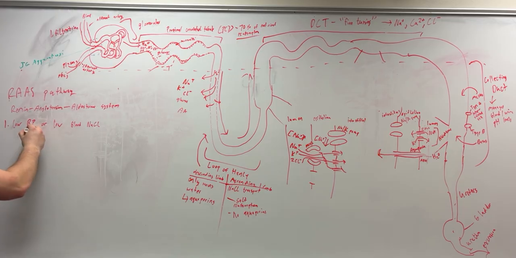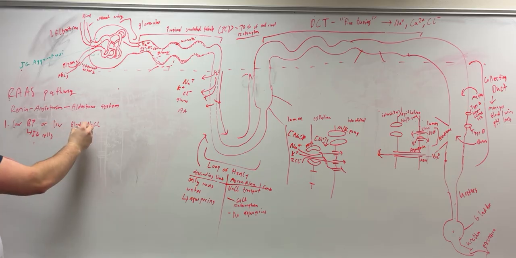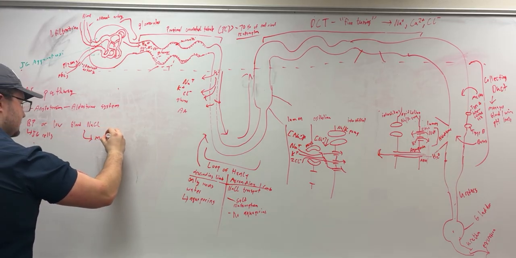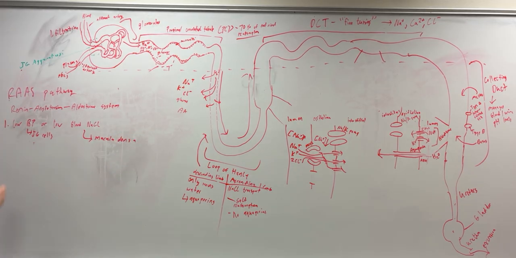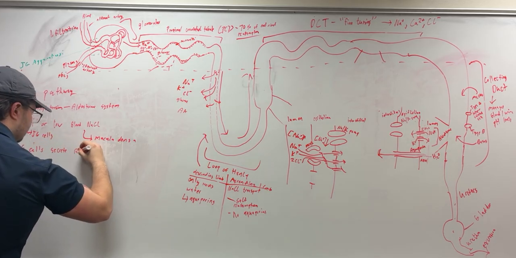And remember, this low blood pressure is sensed by the JG cells, and the low levels of NaCl is sensed by the macula densa. So step two, the first thing that's going to happen is these JG cells are going to secrete renin.